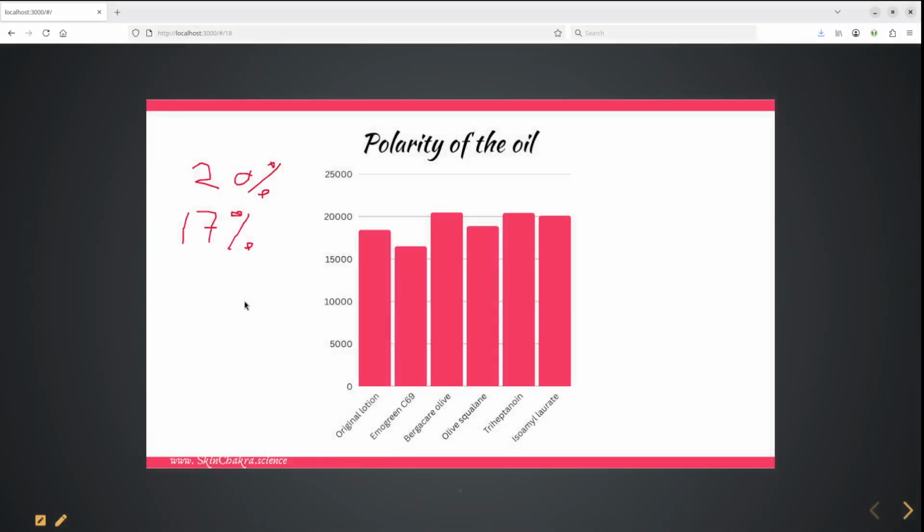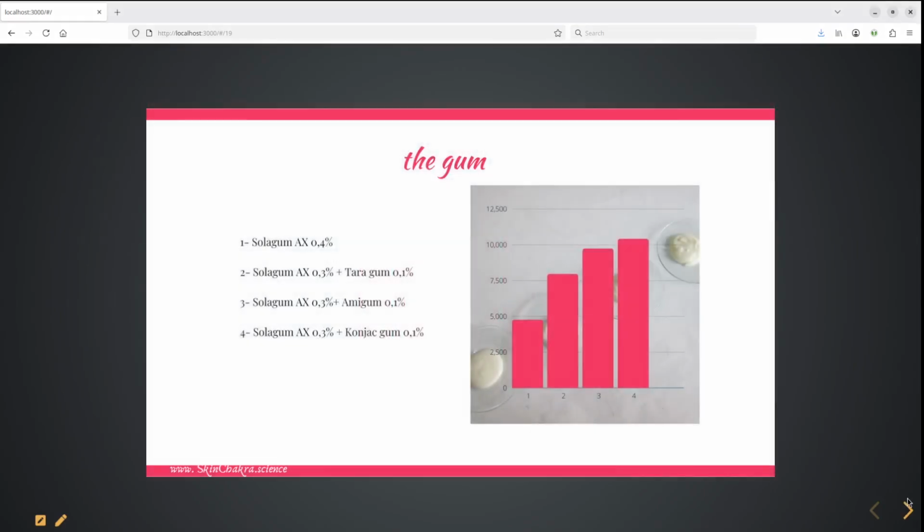And then you observe the changes in the viscosity, the changes in the skin feel, and in the stability, and you go for the combination that gives you the best results. So there is no general rule, but definitely the polarity of the oil makes an impact on the viscosity of the emulsion. The gum makes a huge impact on the viscosity of the emulsion.